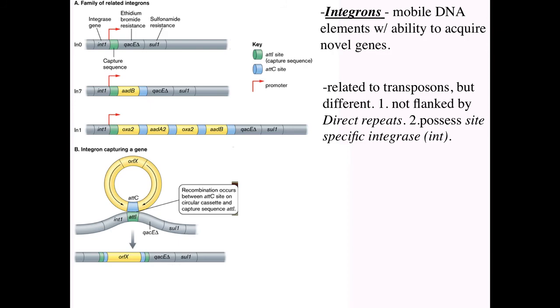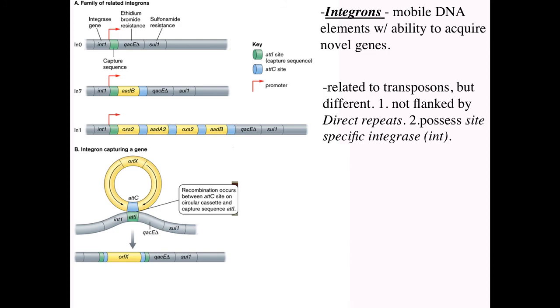So some pretty important antibiotics that are used clinically. This is a gene that gives bacteria resistance to those aminoglycosides. Other forms of integron have not only incorporated aadA, but put in OXA2.